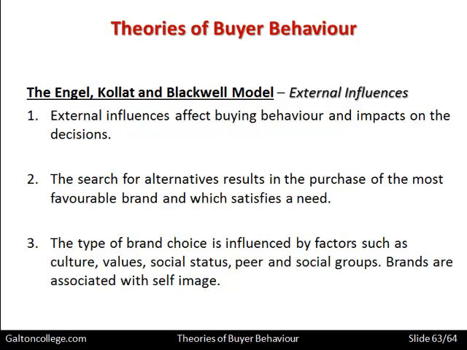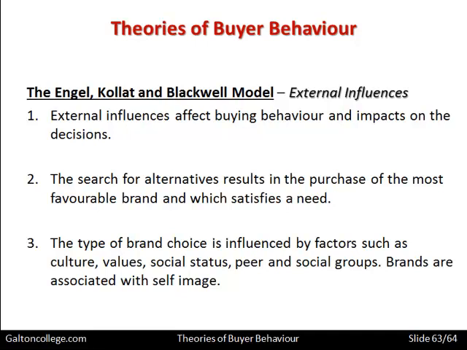The brand has been developed on the basis of self-image. We buy clothing to signal to the world our importance and our status. And a brand image is part of that. So that's a very important way in which decisions can be made.